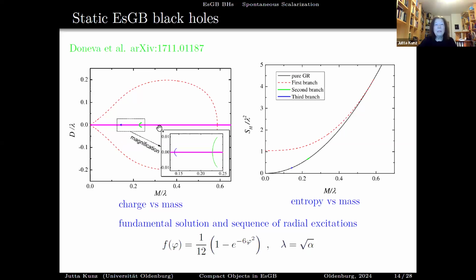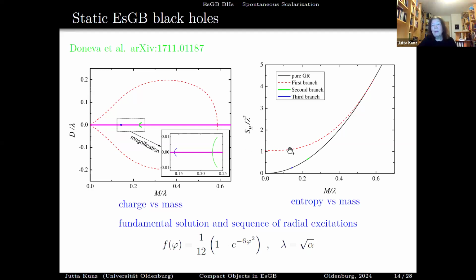Here you see the static black holes: this dashed red curve is what we call the fundamental solution. Then you have these green and blue ones, and there will be more and smaller solutions, which correspond to radial excitations.